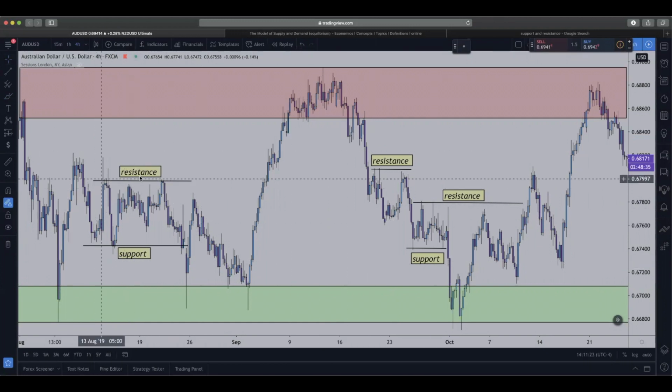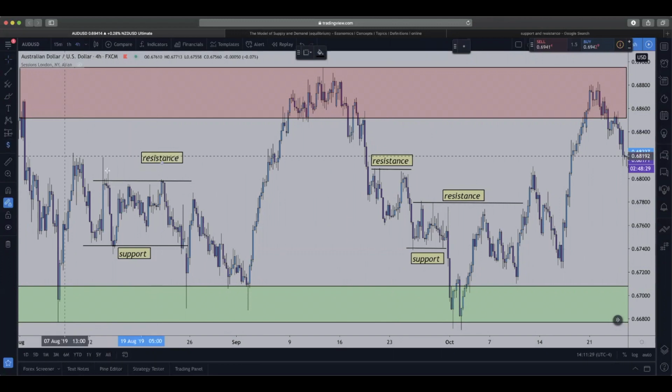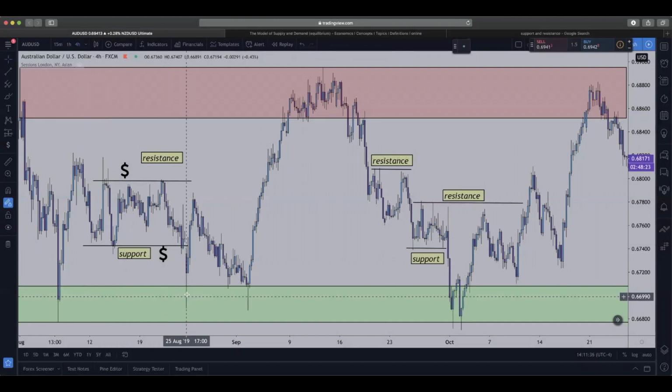So here we have resistance, which seems like equal highs, equal lows, which in a sense just creates a lot of retail trader stop losses just right below, or even farther below, around here. And that just so happens to be the demand zone.